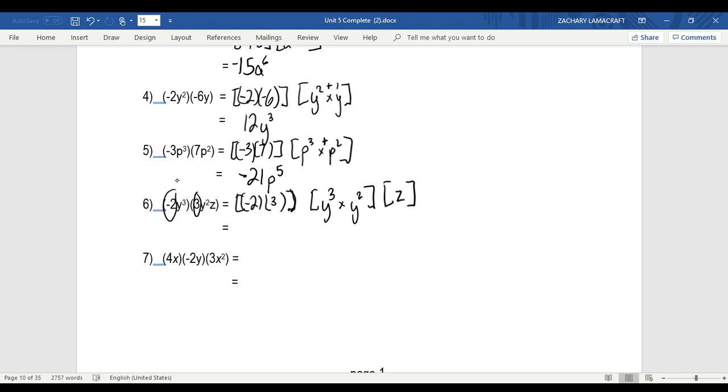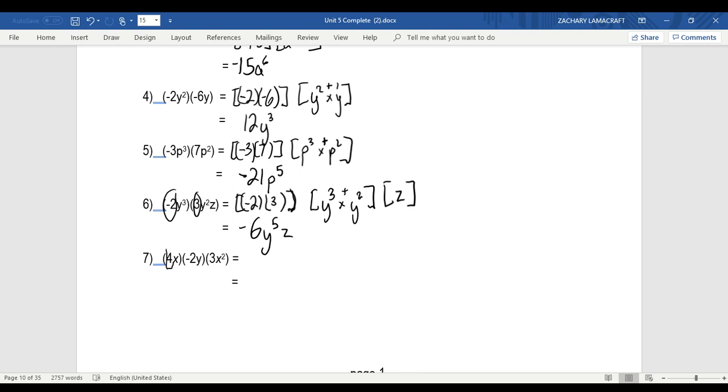So negative 2 times 3 is negative 6. Y to the 3 times y to the 2, remember we just add those, so it'd be y to the 5 and then z, and we're keeping good alphabetical order as we go through this.